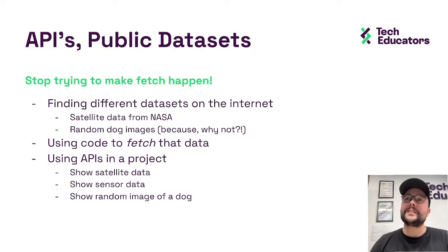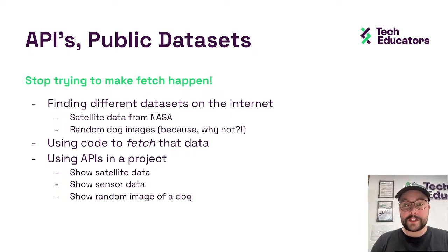We looked at how you can find different data sets on the internet. There's a whole big list on GitHub of free APIs. We looked at NASA's, like satellite data. We looked at getting images of a dog from the dog.ceo API, which is pretty cool. Why wouldn't you do that?